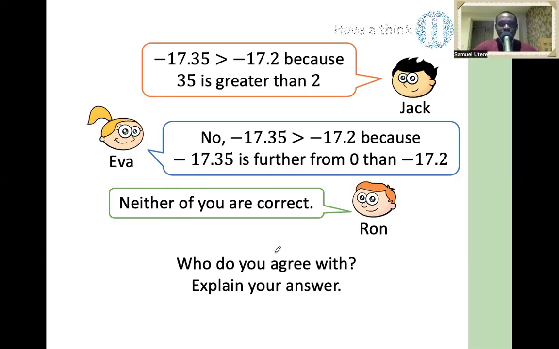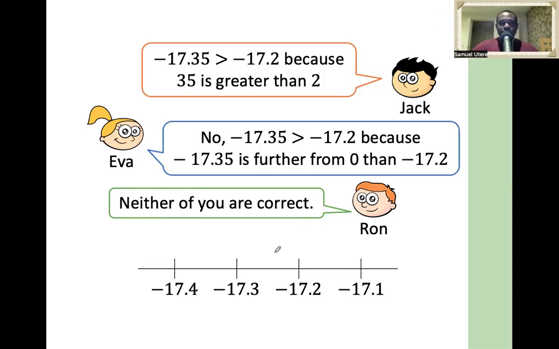Let's think about this. If you remember, we represent these numbers on our number line. The numbers we have to be dealing with start from negative 17.1, negative 17.2, all the way to negative 17.4. Where would we position negative 17.2? Right there.